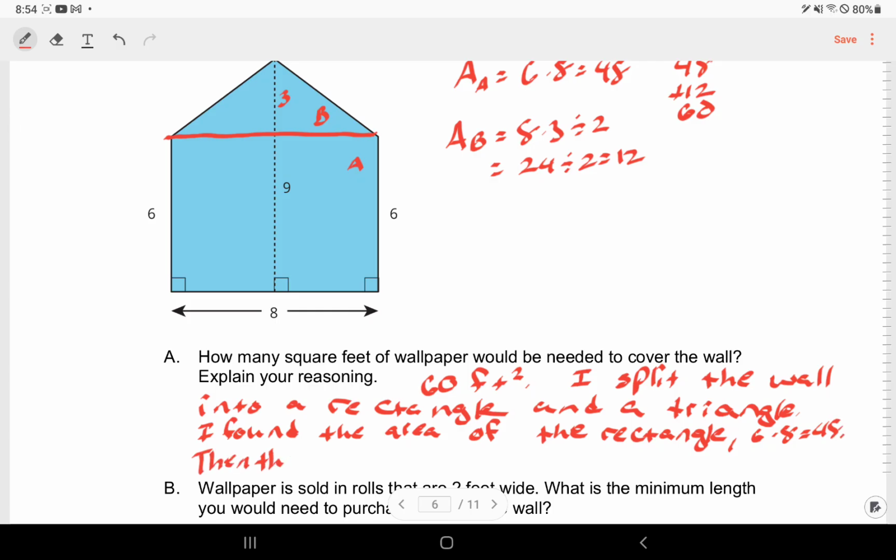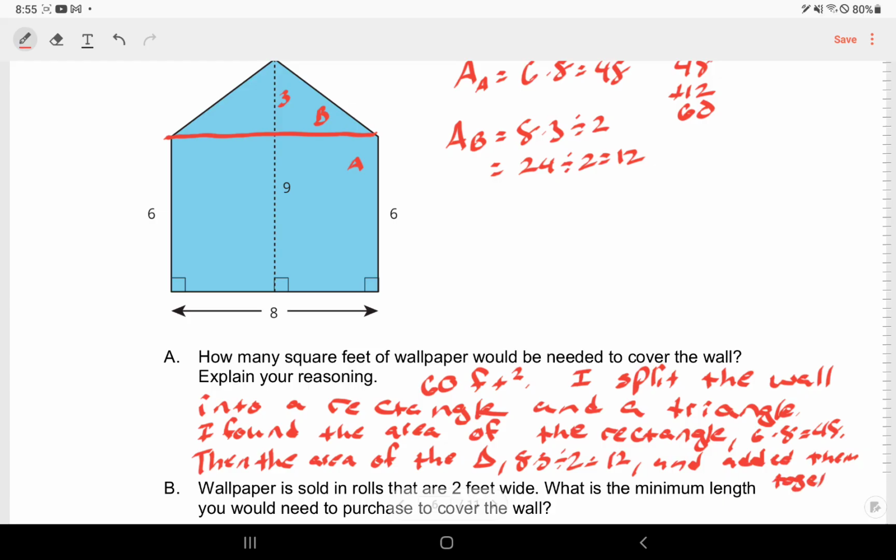Then the area of the triangle, 8 times 3 divided by 2 is 12, and added them together.